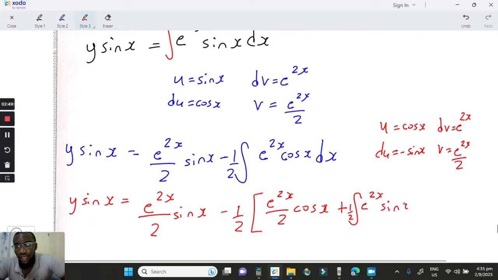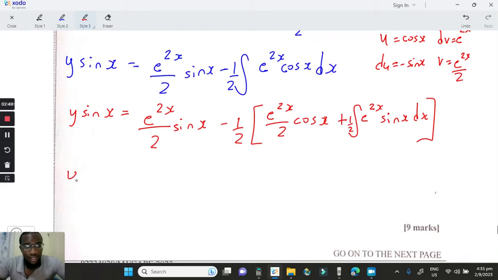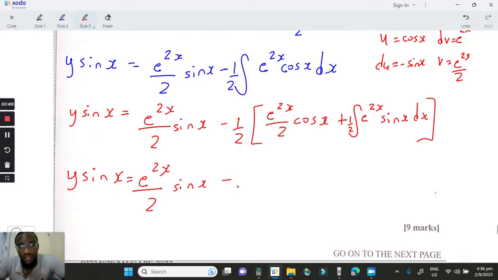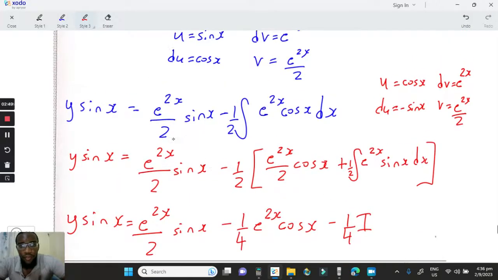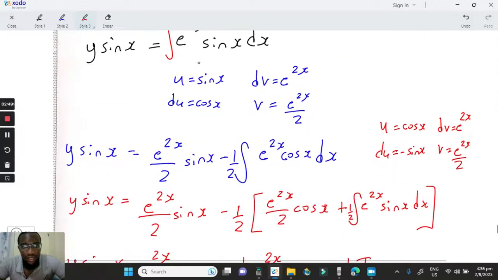But at this point, this is I. This is y sin x equals e^(2x) over 2 sin x minus half times half is quarter e^(2x) cos x, and minus and minus, minus and plus is minus, but half times half is quarter I, where I was this right here.